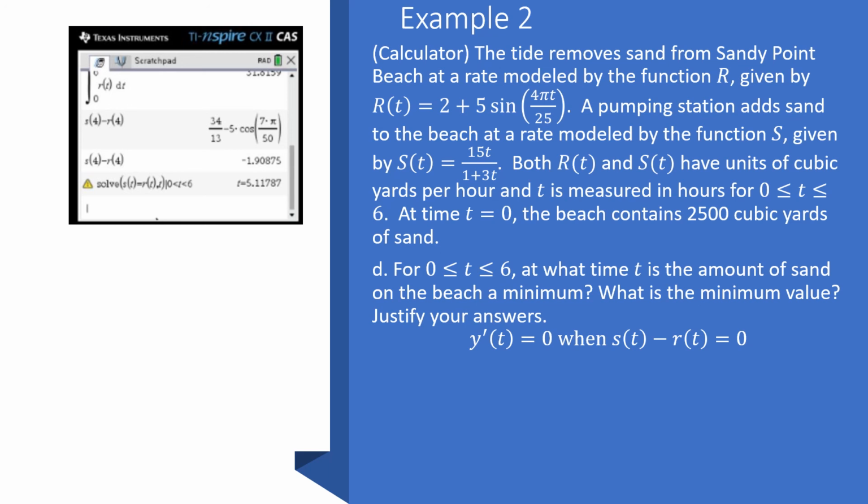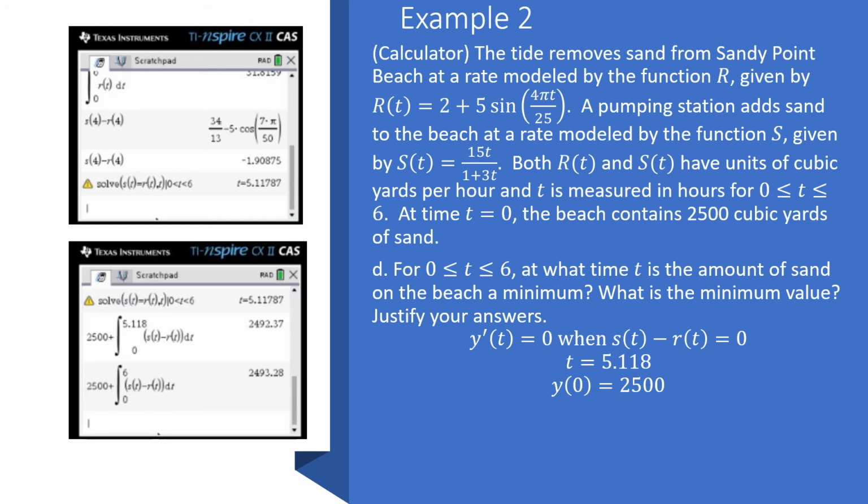And so remember, with your extreme value theorem, you have to test your critical numbers and you have to test your endpoints or your bounds. So I'm going to test y of 0, which I get 2,500 because that's the initial amount. I'm also going to test y of my critical number, 5.118, and y of my bound, so y of 6.